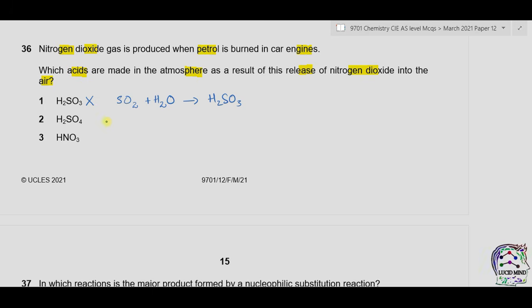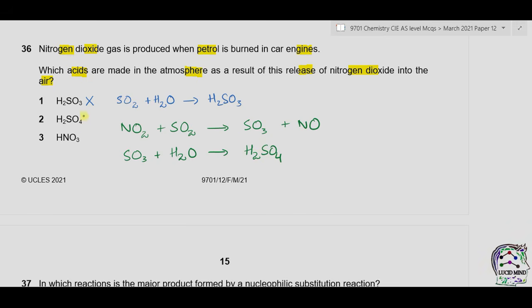Now nitrogen dioxide that is released can react with sulfur dioxide. In this chemical reaction, it can form sulfur trioxide along with nitrogen monoxide. Now this sulfur trioxide can dissolve in water, which is rain, to form sulfuric acid.